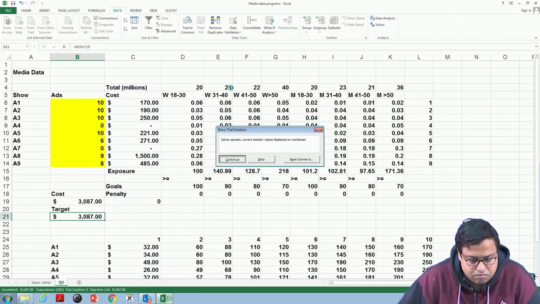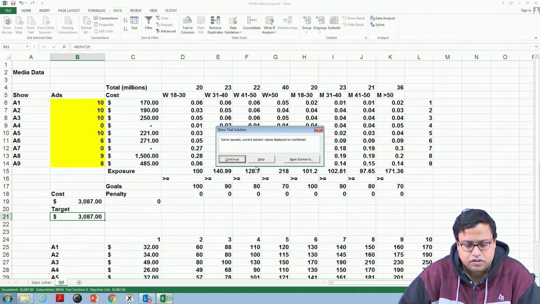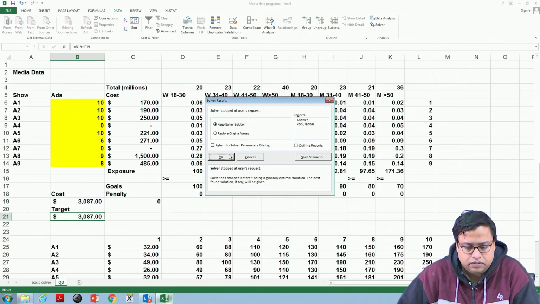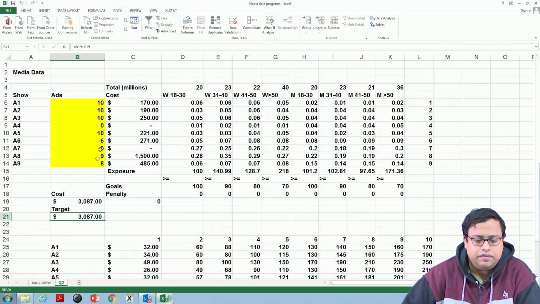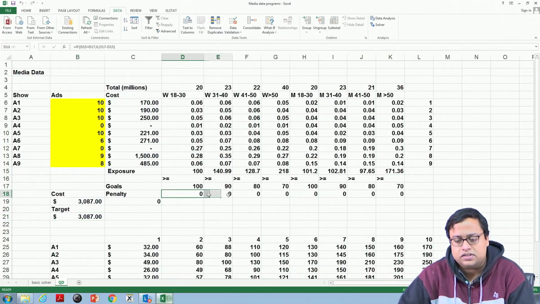So, no, 3087 till now, I am not seeing anything lower than that. So, I will stop here, fair enough. Okay, so now if that is the solution, see 10, 10, 10, 0 for this one, 0 for this one and some values, I am getting the cost as 3087 and there is no penalty.